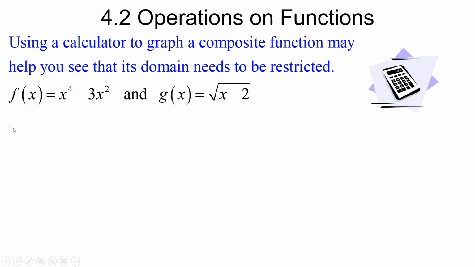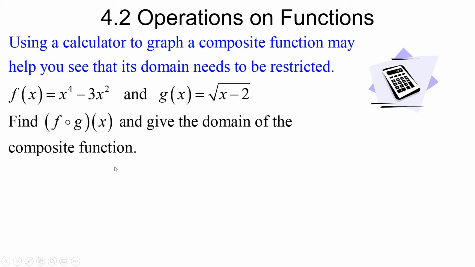Okay, so let's take f of x as the quartic binomial, x to the fourth minus 3x squared, and g of x is the root function, radical x minus 2. So we're going to find f composed with g of x, or f of g of x if you prefer, and give the domain of the composite function.